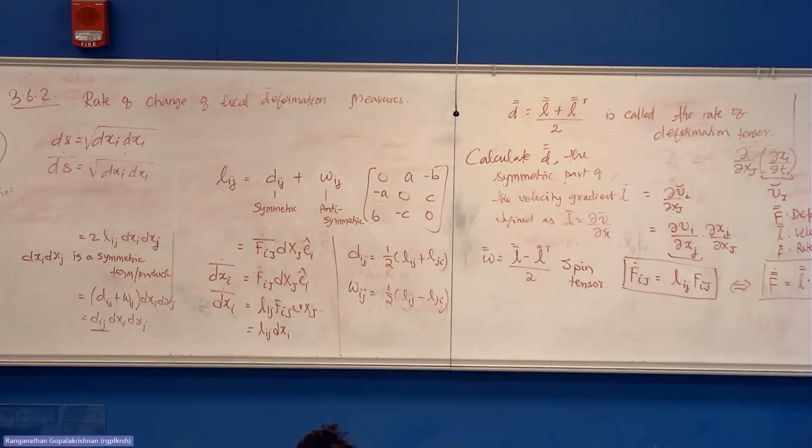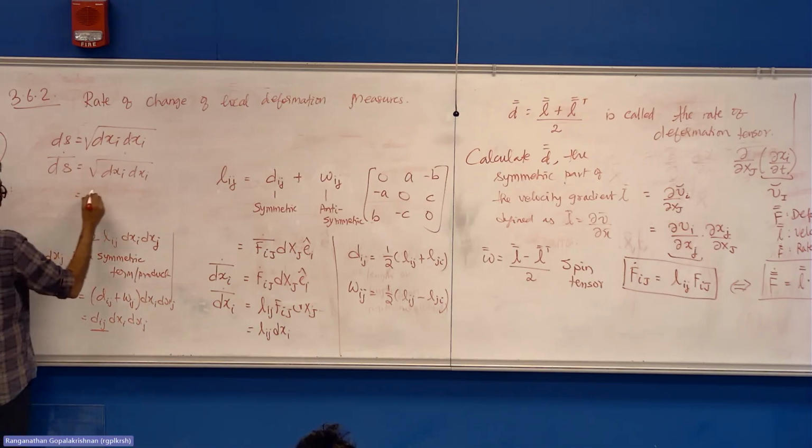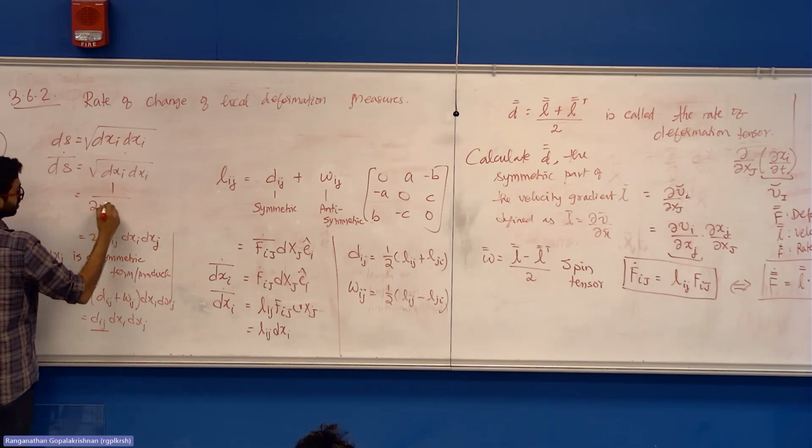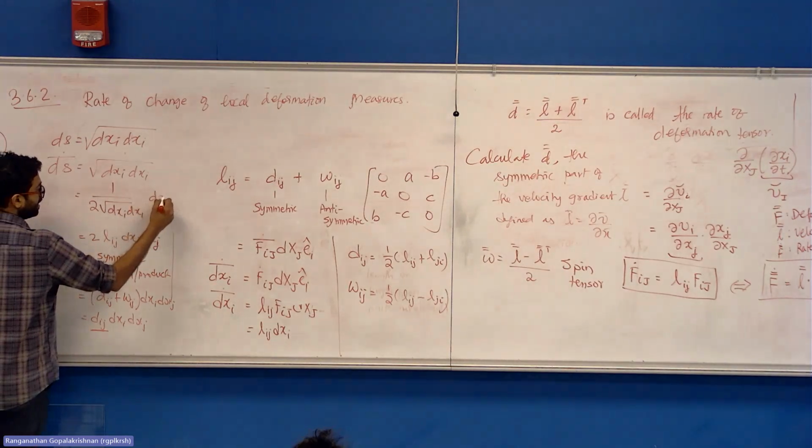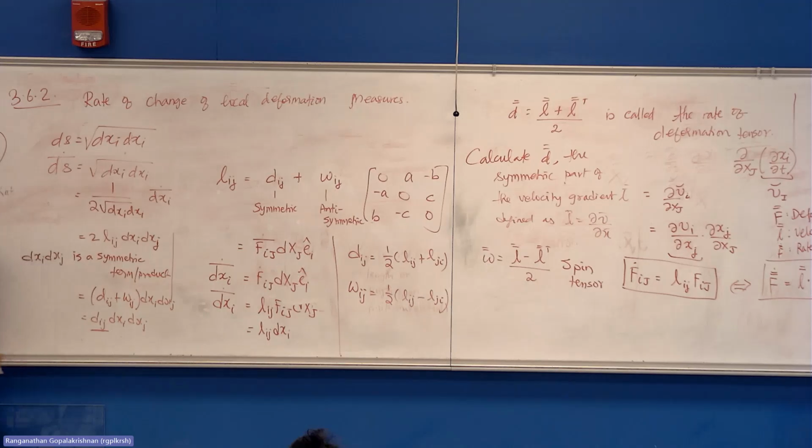What would come next? Louder, please. 1 by square root of... 1 by 2 times square root of dxi dxi, and then you have to write the derivative of dxi dxi.